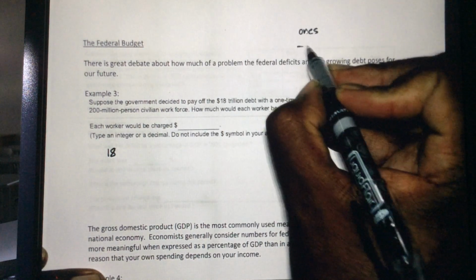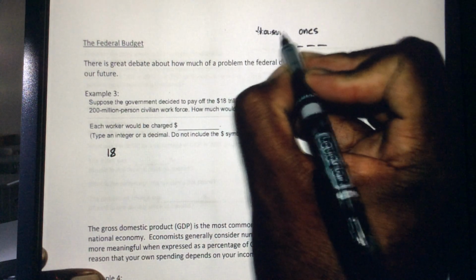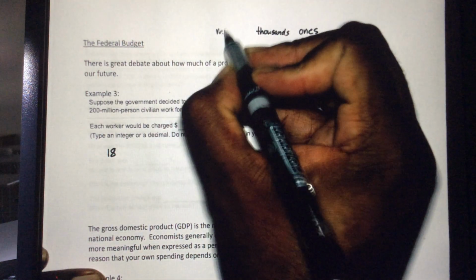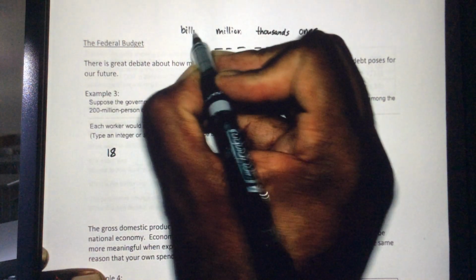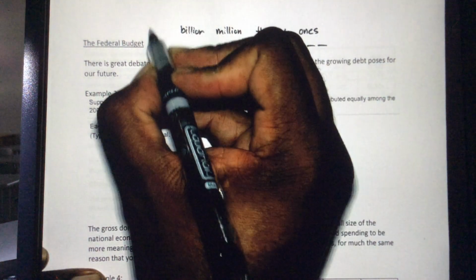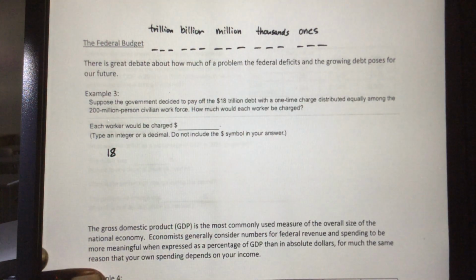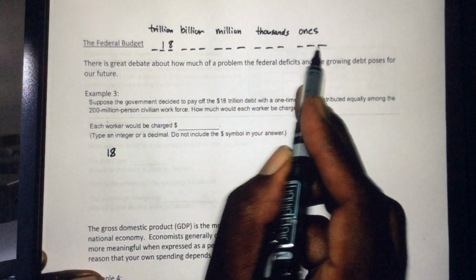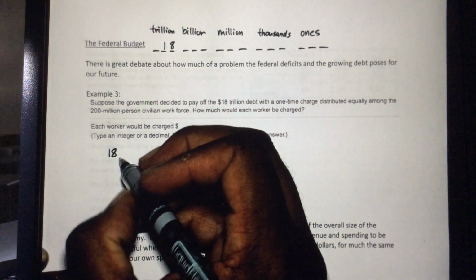You have your ones place with 3 numbers, and then the thousands period has 3 numbers, and then million has 3 numbers, and then billion 3 numbers, and then trillion, again 3 numbers. So in this case, if I want to write 18 trillion as a number, in the trillions period it will be 18, and then all these other numbers behind it will be zeros. So I have 18 with 3, 6, 9, 12 zeros.